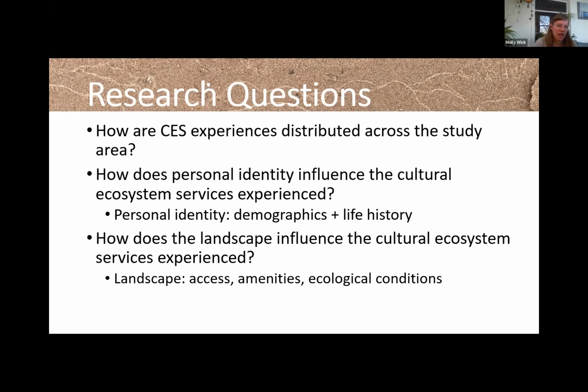And by personal identity, I mean both demographics, sort of what socioeconomic group people fall in, as well as personal life history, those personal experiences that make everyone unique, and how those things influence cultural ecosystem services. And then how the landscape influences cultural ecosystem services. For this study, I'm focusing on how access to the water, how the amenities at the water, and how the ecological condition influence cultural ecosystem services.